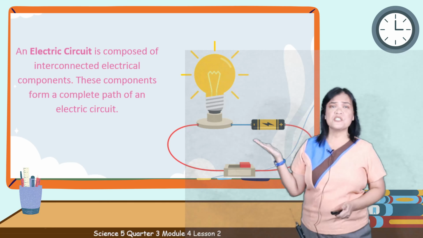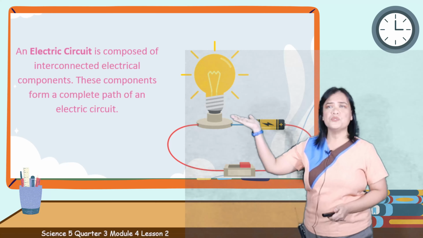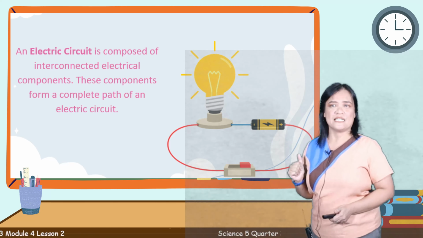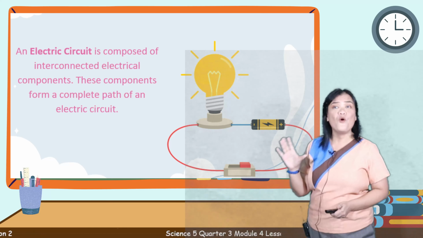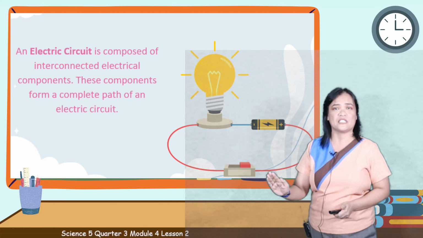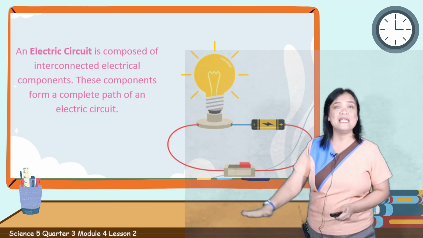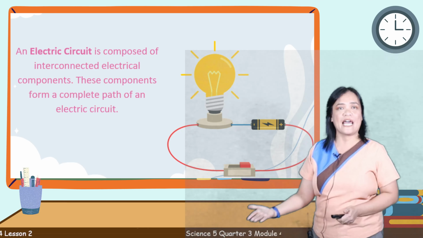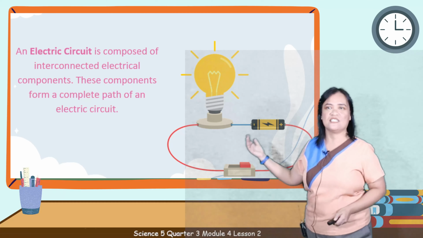So an electric circuit is composed of interconnected electrical components. These components form a complete path of an electric circuit. So this should be complete. There is a load, power source, connectors, and switch.